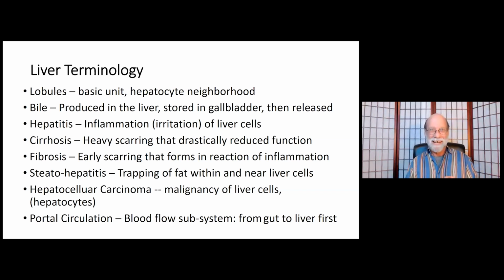And this is, I think, an advantageous way of dealing with nutrients and toxins that come into our gut, because in some sense, the liver sees all this and can manage all this before it allows those nutrients to get to the rest of the body.